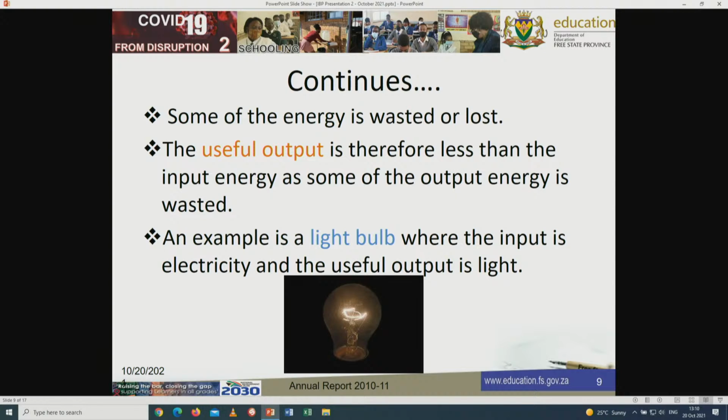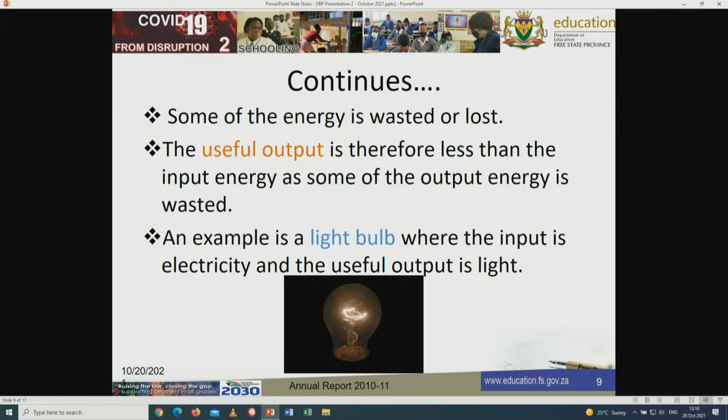In other words, when the input energy is more and we use it through the process, at the end, we won't get the same output energy as the input energy. Why?